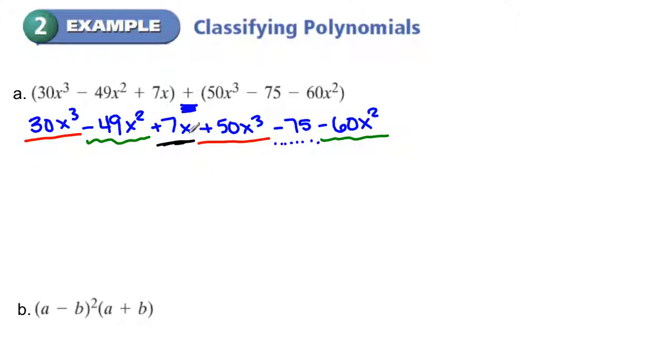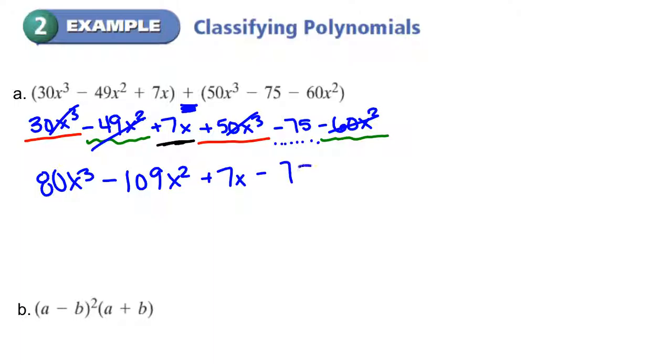30x cubed plus 50x cubed is going to give you 80x cubed. So we're done with those. Then we have negative 49x squared and negative 60x squared, which gives you negative 109x squared. And then 7x minus 75.